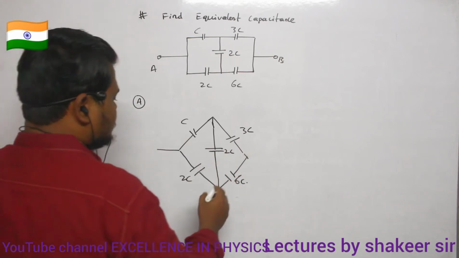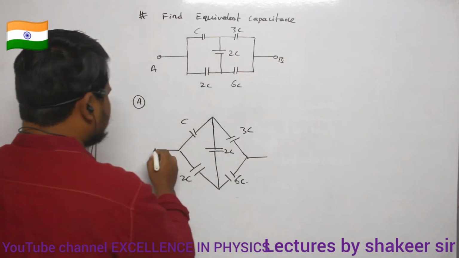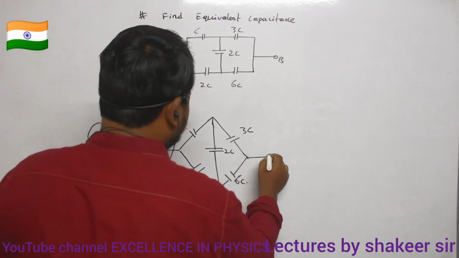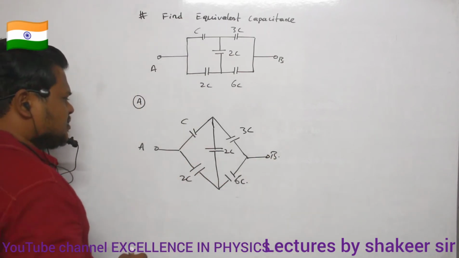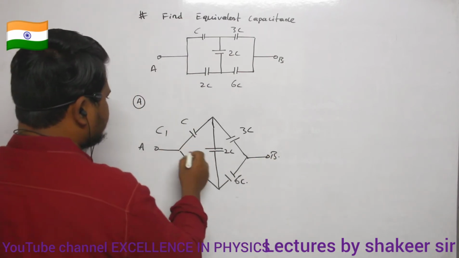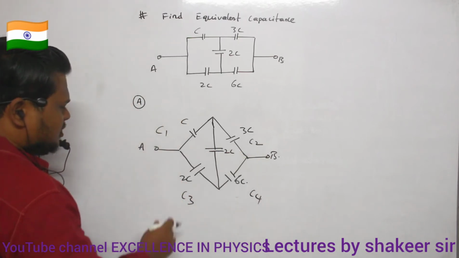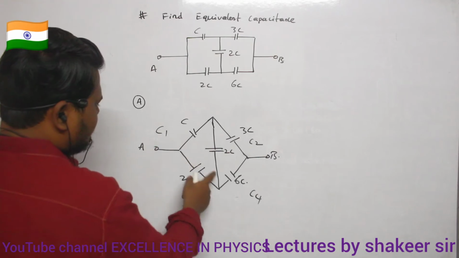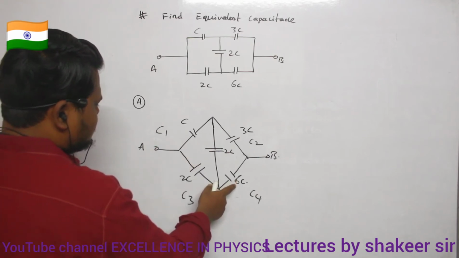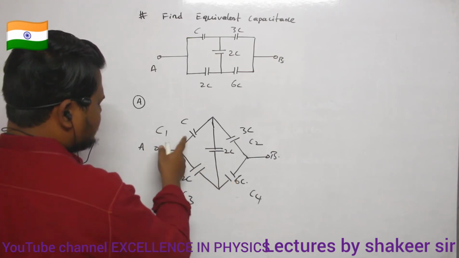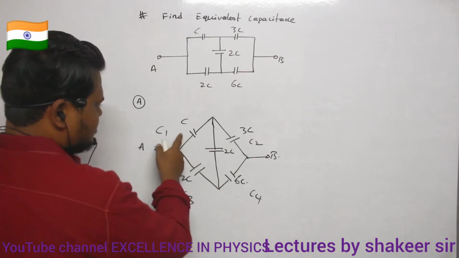So why have I redrawn this one like this? Because here I can see that if I name these capacitances as C1, C2, C3 and C4, now if I see C1 into C4, so 6C into C. 6C into C is how much? 6C square.